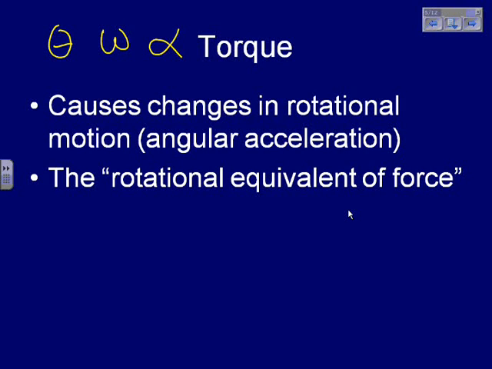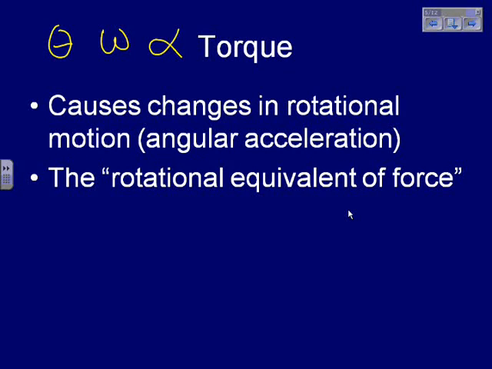So if you throw a baseball, like a curveball? Sure. Your fingers would actually be doing two things to that ball. They're applying a translational force because they're moving it forward. But the friction between your fingers and the ball applies a torque and causes it to spin as well.